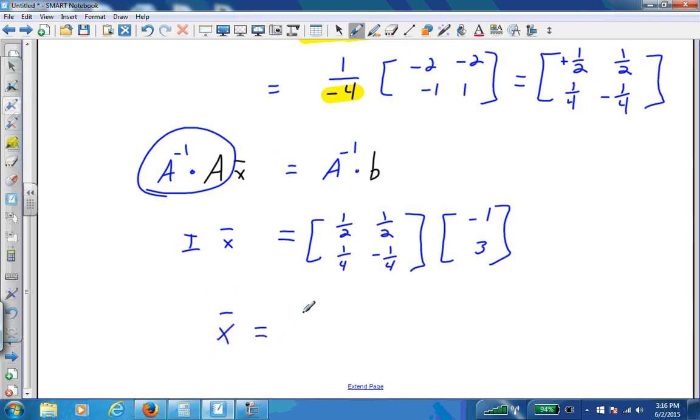So our answer, when we do row times column, we get 1/2 times negative 1, so negative 1/2, plus 1/2 times 3, so plus 3/2. Then the second row gives us 1/4 times negative 1 plus negative 1/4 times 3.